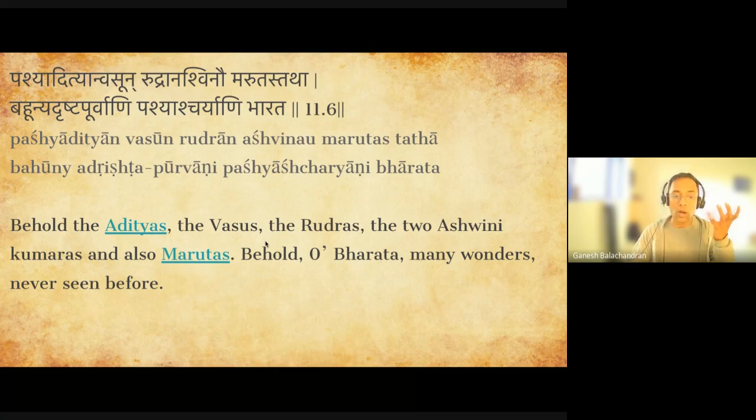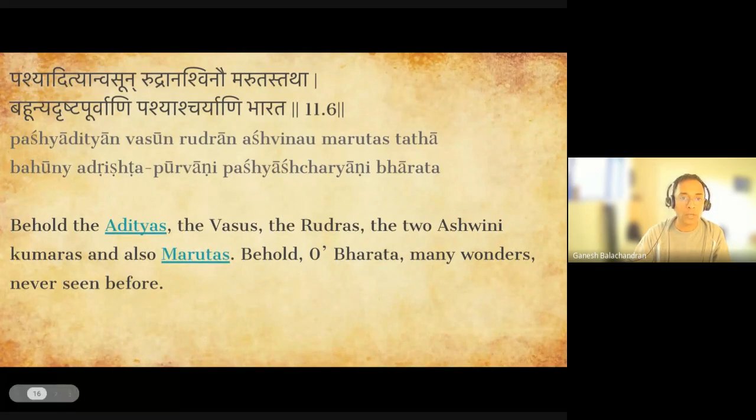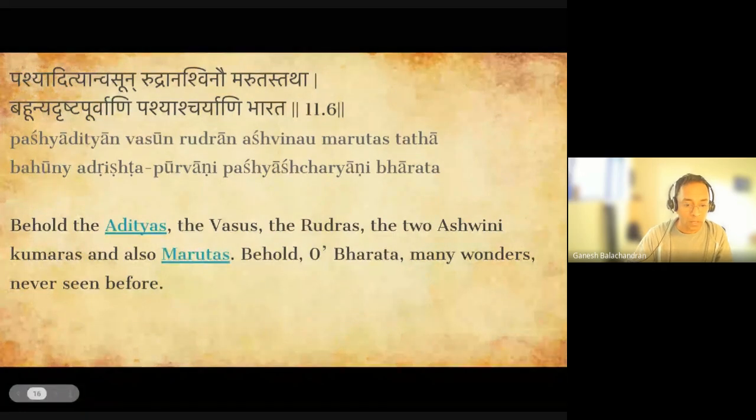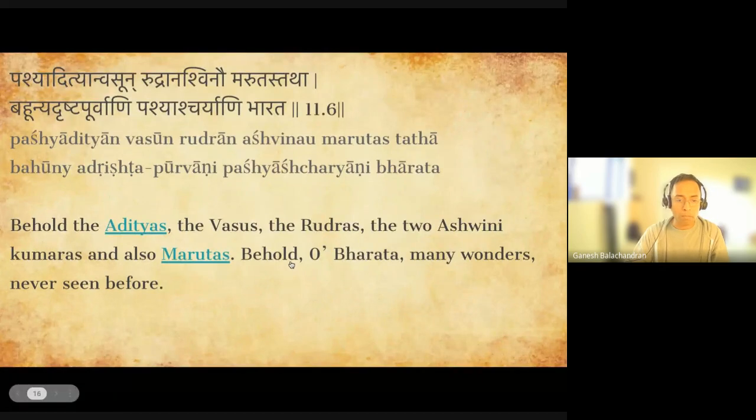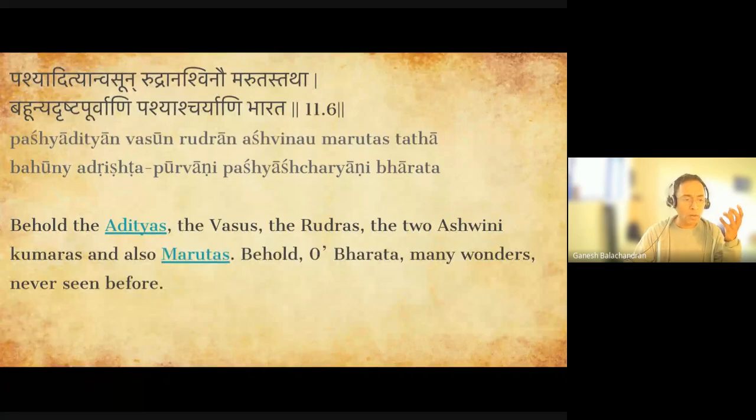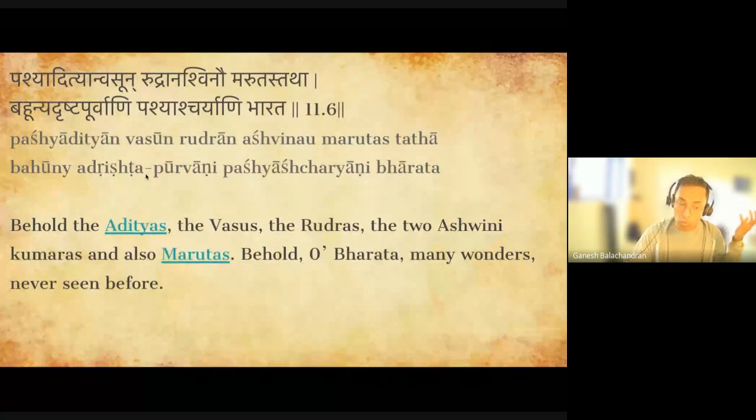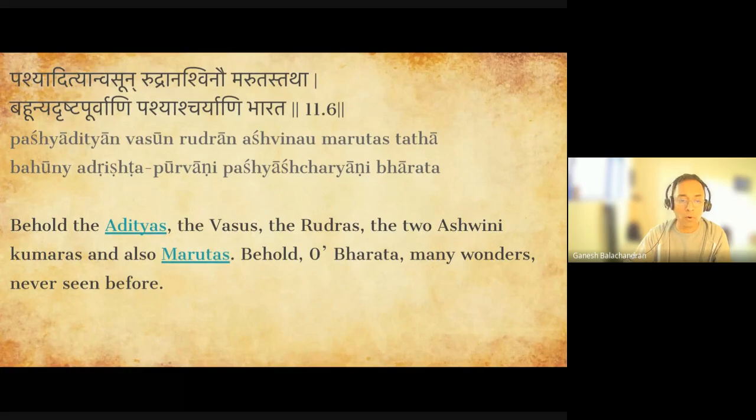Vasus, then the Rudras, Ashwino, the two Ashwini Kumaras, and also the Marutas. We saw all those in the 10th chapter. So let's see, this comes up. It's taking time. Pashyacharyani Bharata. Behold, O Bharata, Bharata refers to Arjuna, many wonders. Adrishta means not seen, purvani previously. Never seen before wonders. You are now seeing never seen before wonders.